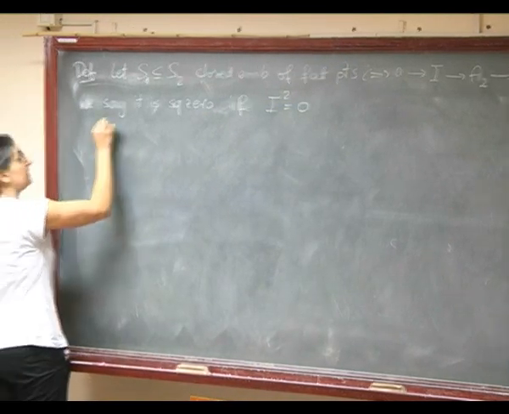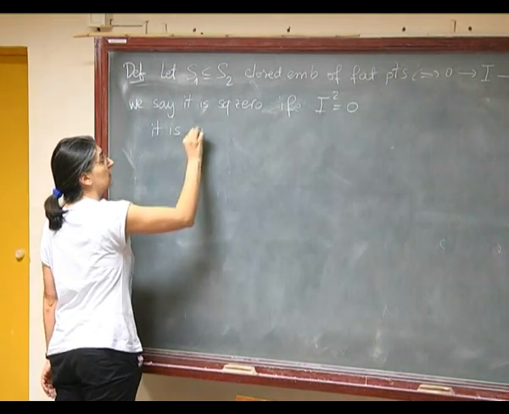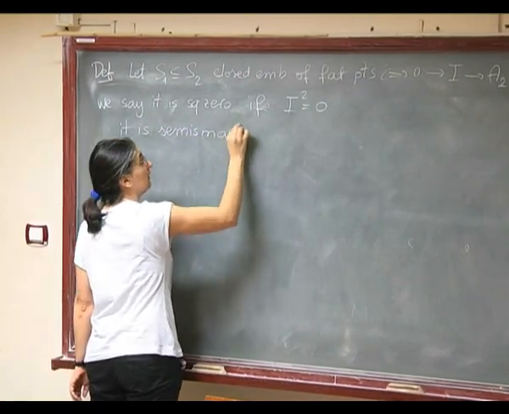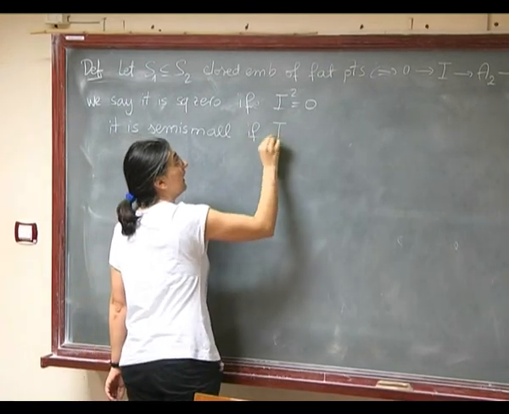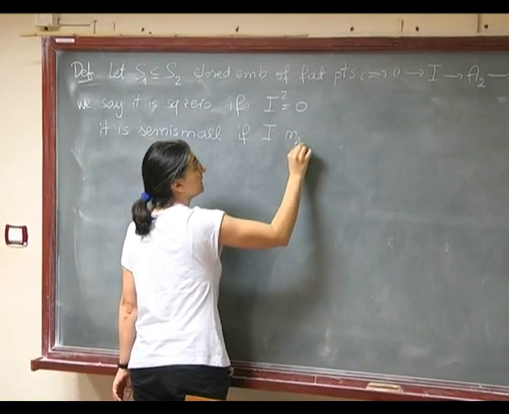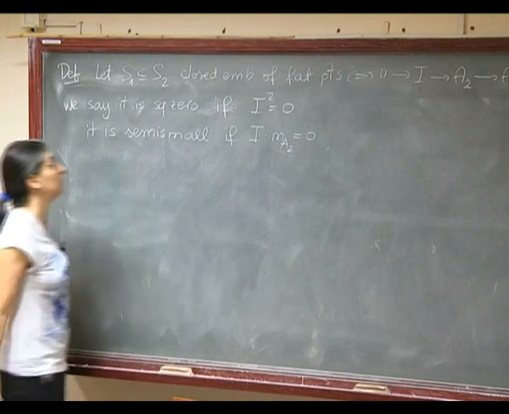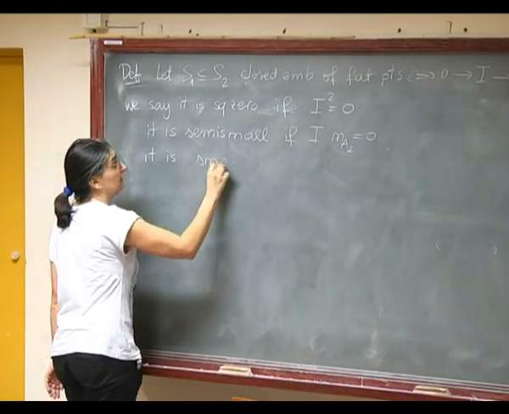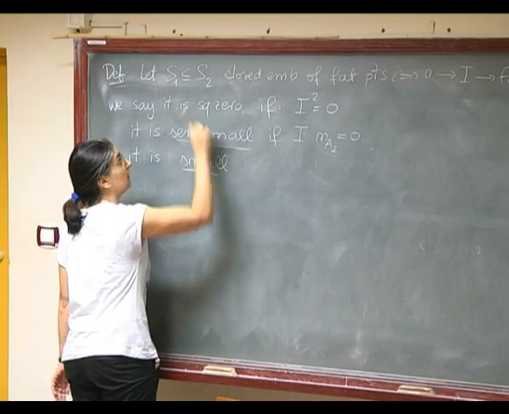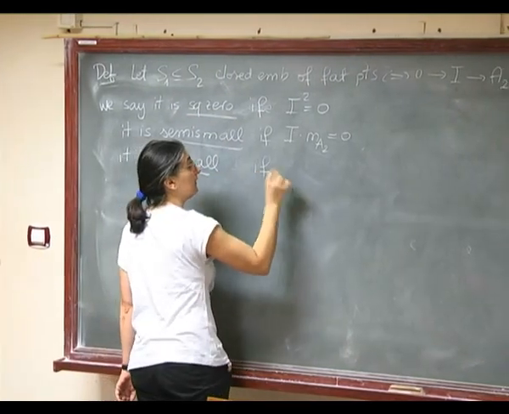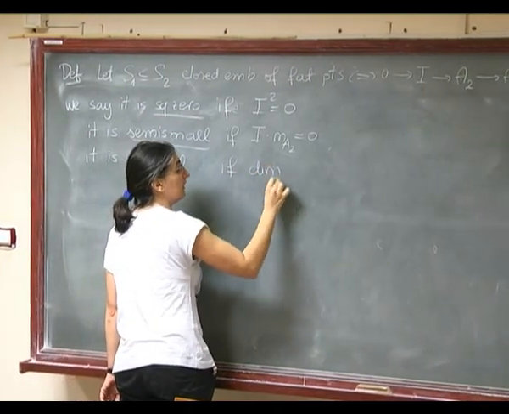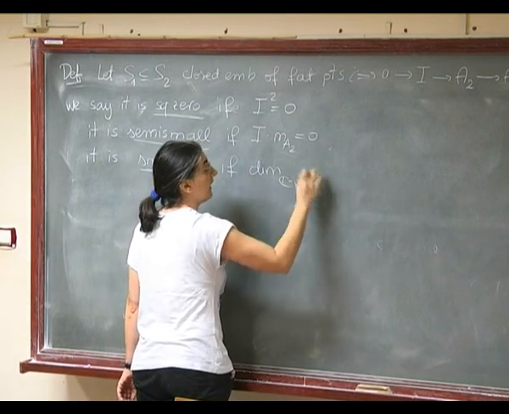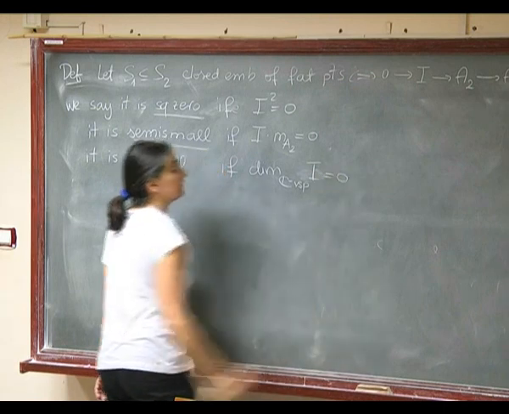We say it is semi-small if I times the maximal ideal is 0, and it is small if the dimension as a C vector space of I is 1.